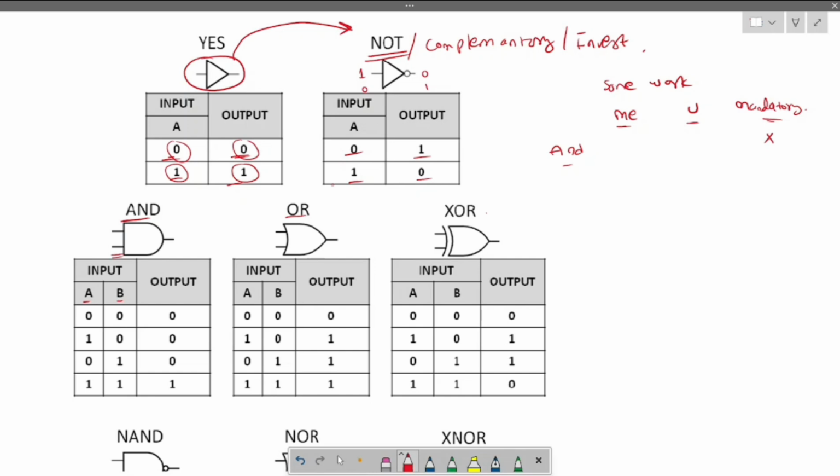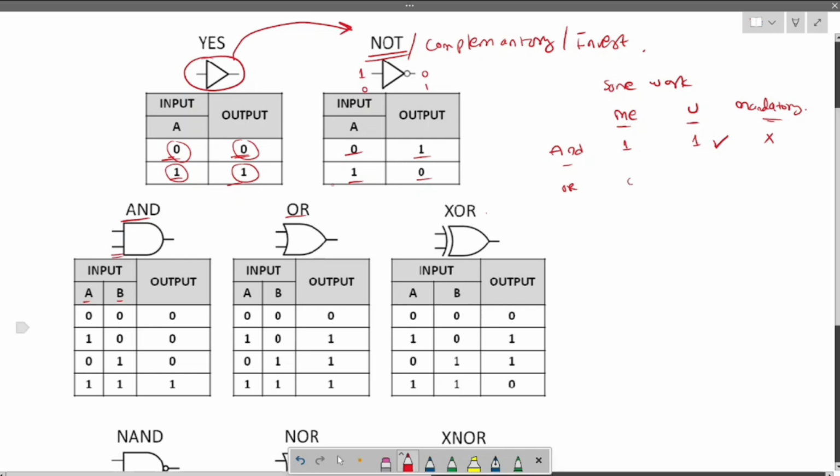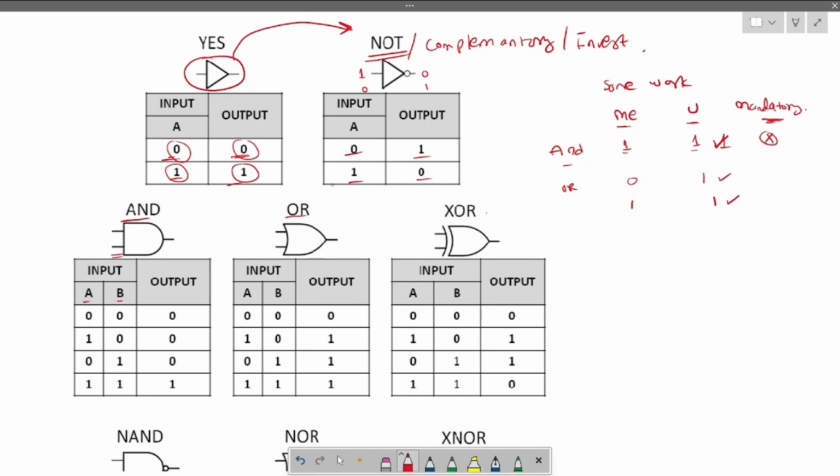When you and me are present, the work will succeed. OR means me or you: if any one of us is present the work will succeed, and if both are present the work will succeed. 1 and 1 will be 1, and 0 plus 1 will be 1, or 1 plus 1 is 2 but consider it as 1.